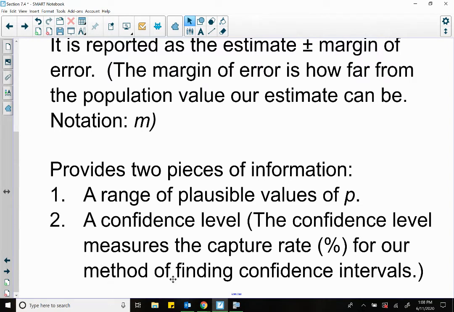It's all about the method of finding the confidence intervals. Another way to think about that is the confidence level tells us how often the estimation method is successful. How often our method is successful. Okay?